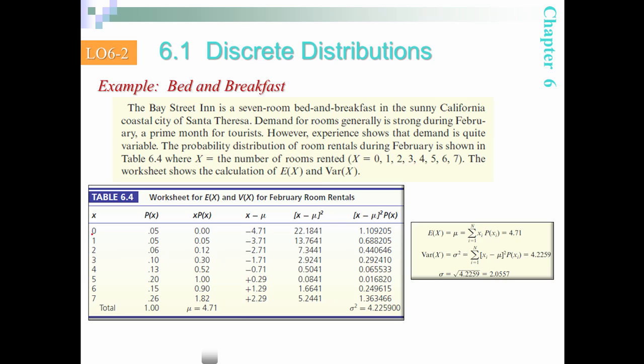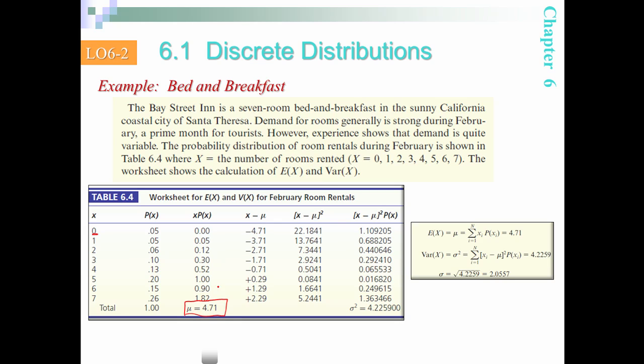And so we've got X is the number of rooms that are filled, and it goes from 0 to 7, and we get the probability associated with each of those. So to get the mean, we'll just take X times P of X, sum all those things, and the mean turns out to be 4.71.